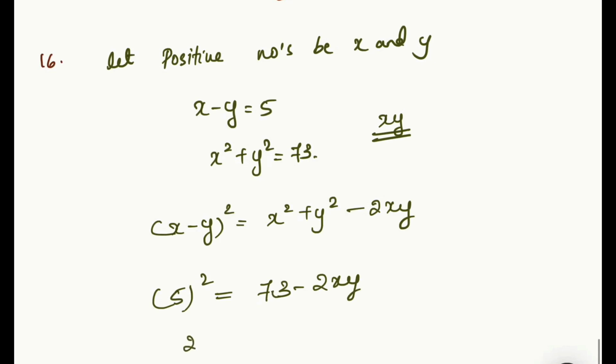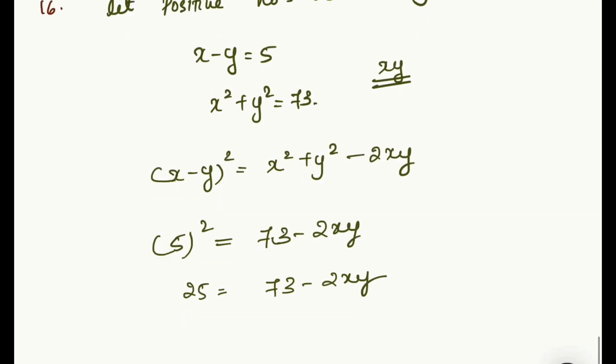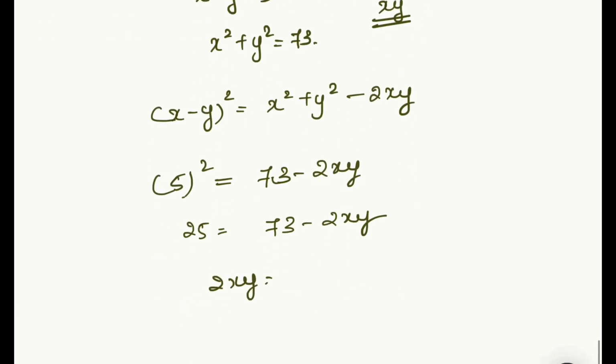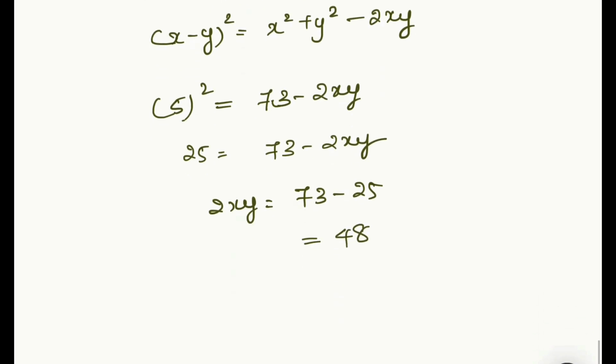So 25 equal to 73 minus 2xy. 2xy equal to 73 minus 25. So we'll get the answer as 48 here. 2xy is equal to 48, xy is equal to 48 by 2, that is equal to 24. So product of these two numbers is equal to 24.